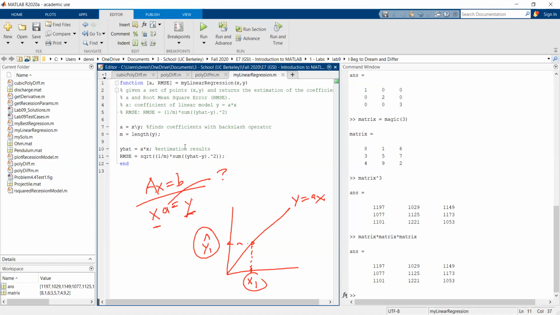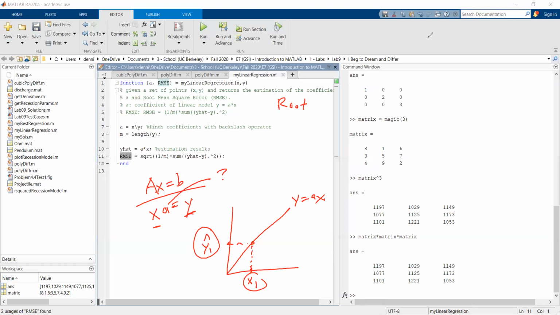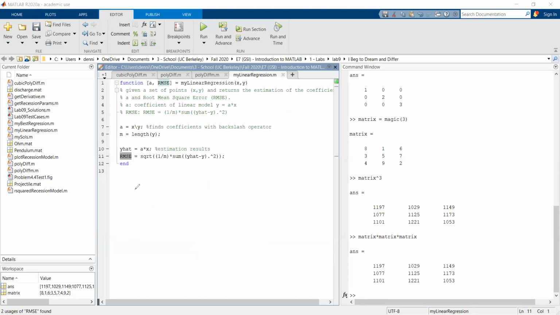And then the root mean squared error. I didn't leave skeleton code for this because it's already up here. Square root of 1 over m. So root mean squared error, for people who haven't seen this before, is this. Let's do this in reverse order, actually. I'm going to clear this. Root mean squared error.